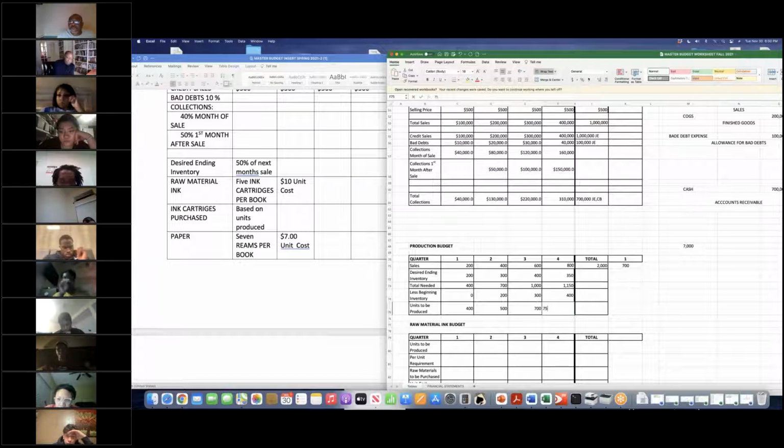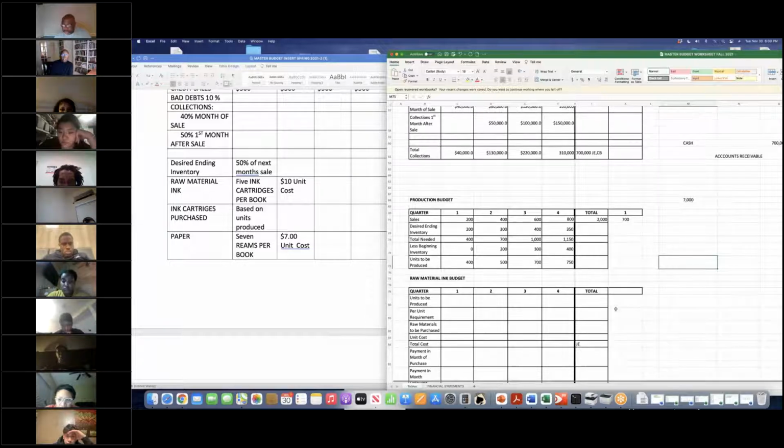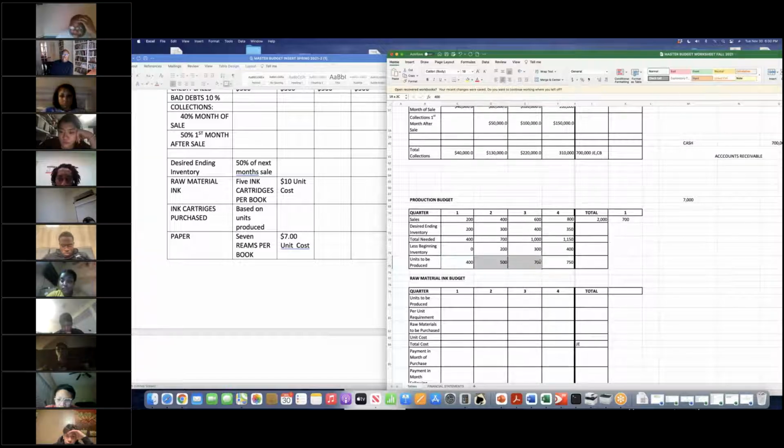So we knew we needed the next quarter, but when we get to the fourth quarter, we have to be focused on the first quarter of year 2. Now watch this, the units to be produced: 400, 500, 700, 750.